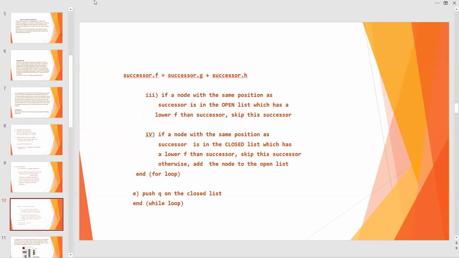If a node with the same position as the successor is in the open list which has a lower f than the successor, skip the successor. If a node with the same position as the successor is in the closed list which has a lower f than the successor, skip the successor. Otherwise, add the node to the open list and push q on the closed list.